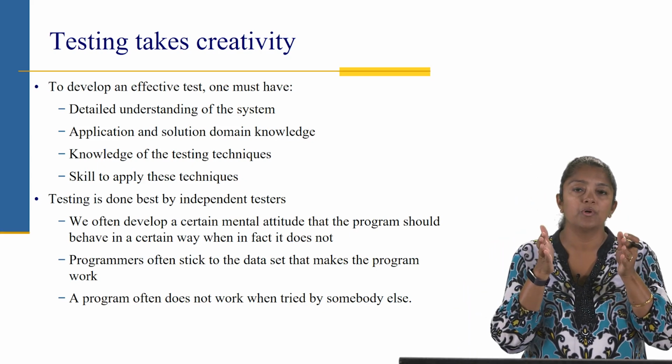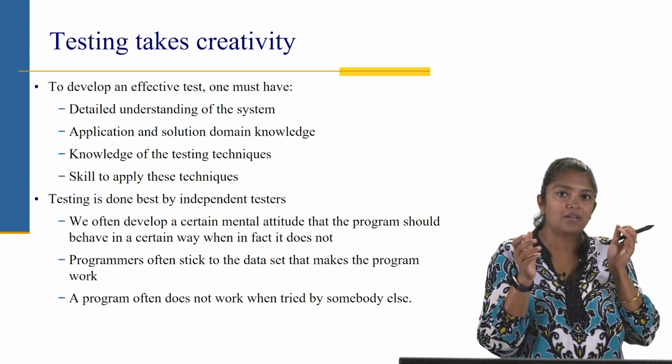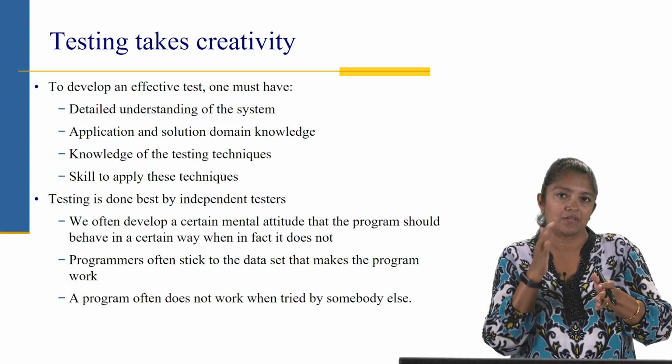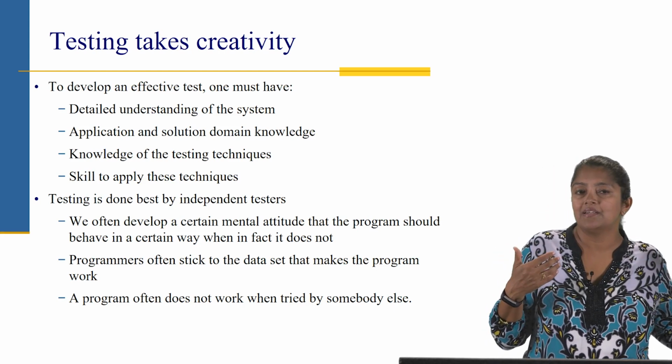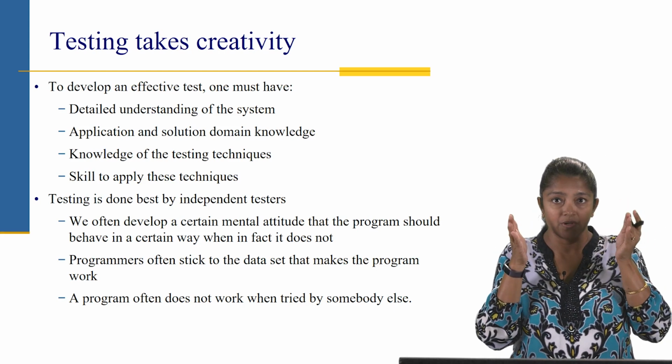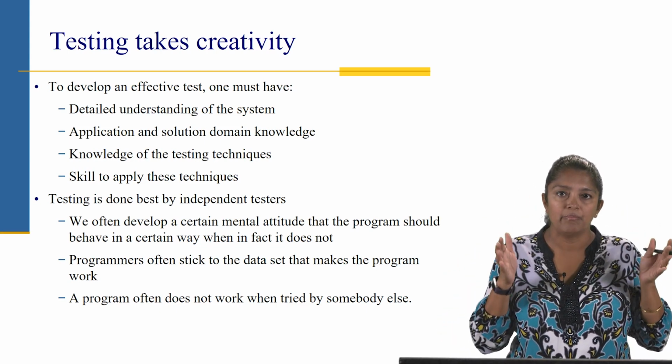Programmers have that bias, and they stick to the same kind of data set and tend to test their program with that same data set. The program would work with that, but then there are other cases that a programmer is not able to think about because of this mental bias.